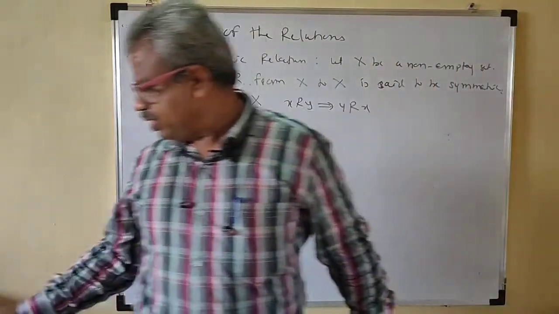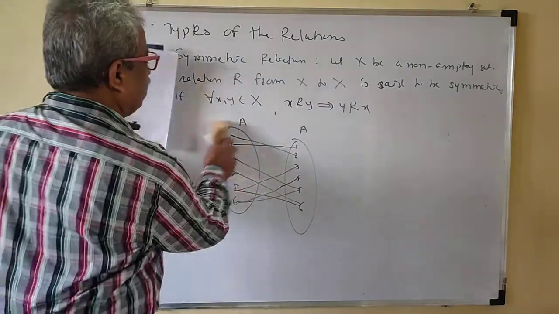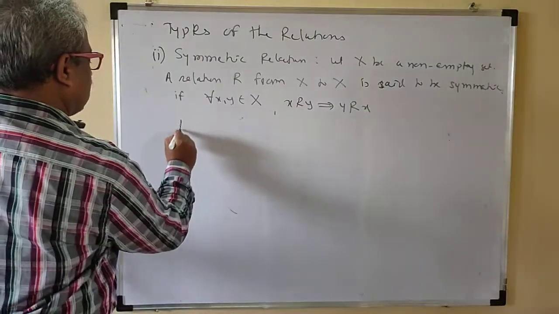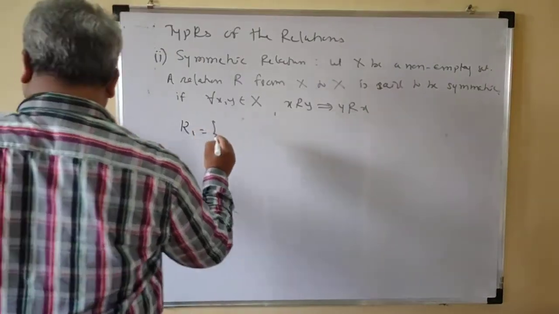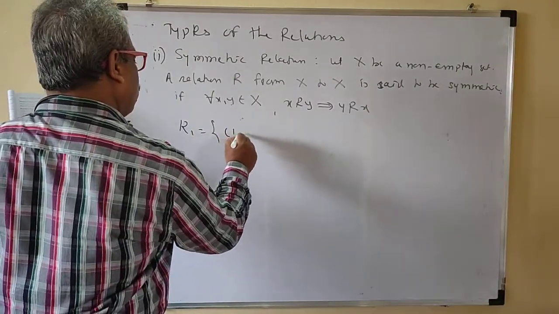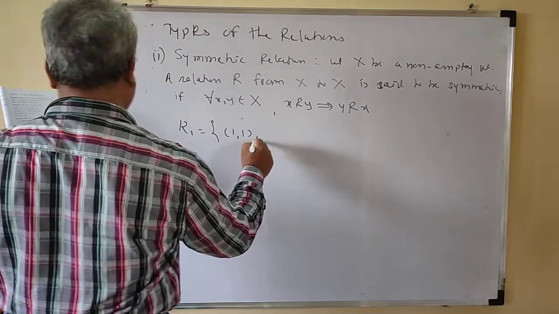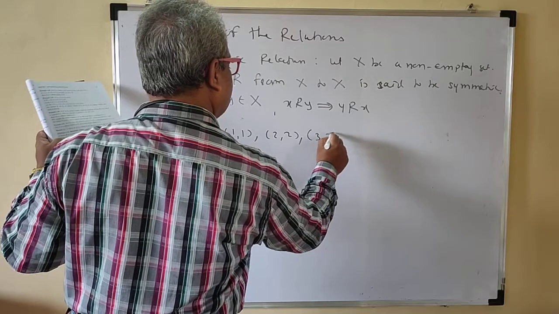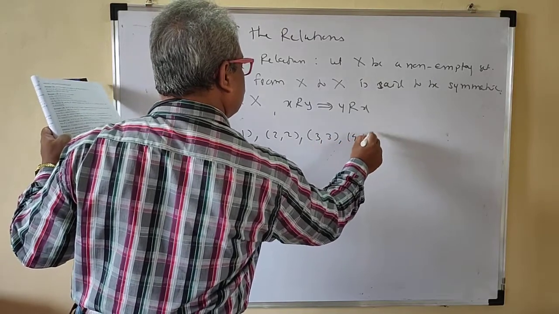Suppose we take one example so that your idea will be clear. Suppose this is R1: 1 1, 2 2, 3 3, 4 4.